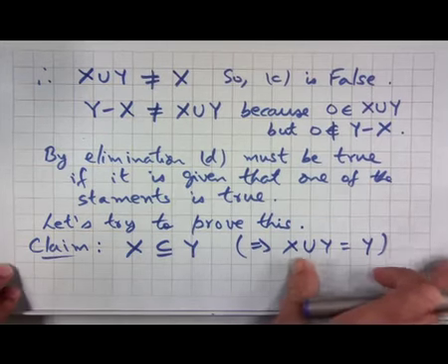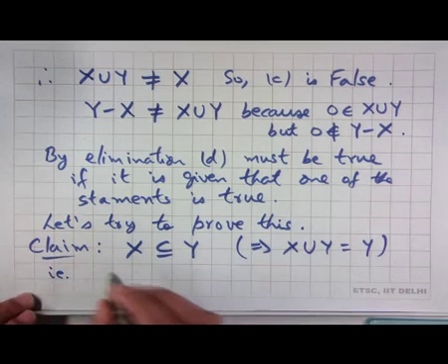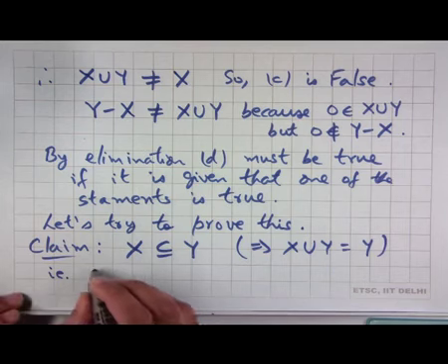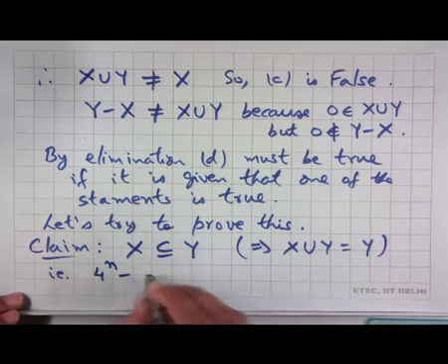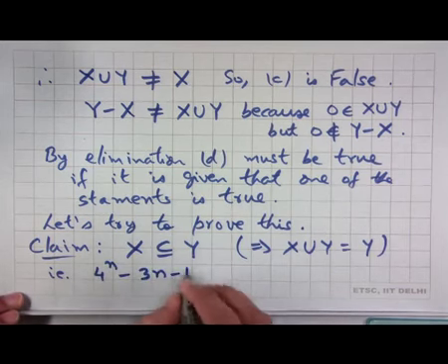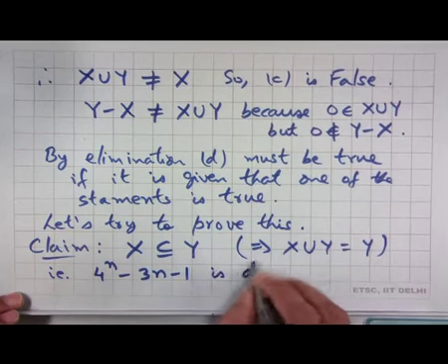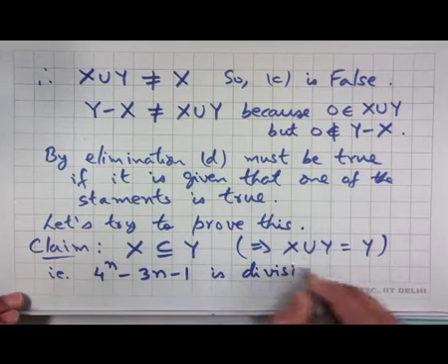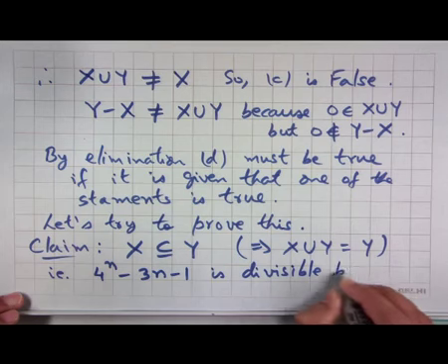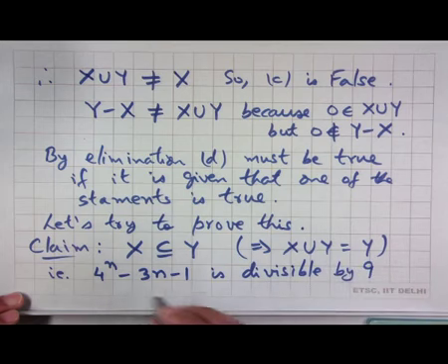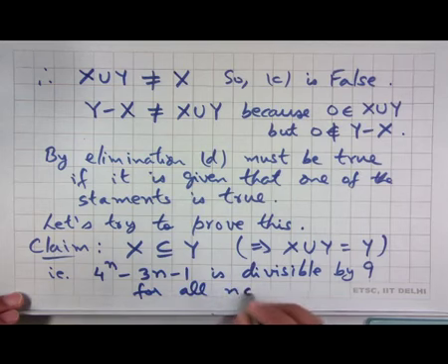So, why is this? We have to show that 4 to the n minus 3n minus 1 is divisible by 9 for all natural numbers n.